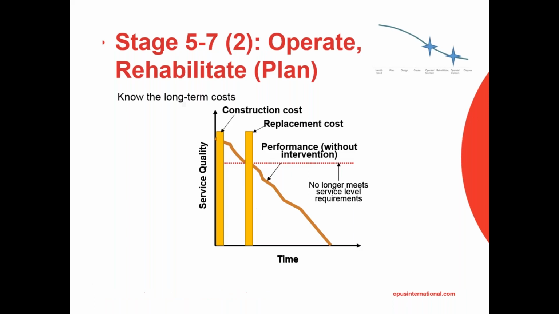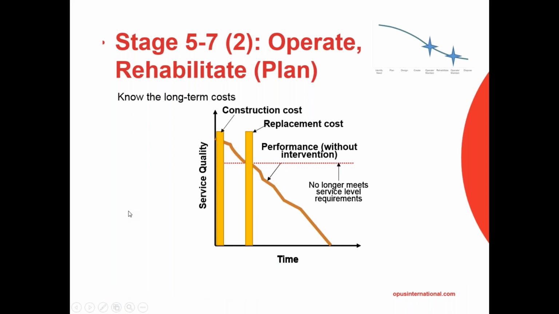So just to go one back, here's where we often focus on the operating, maintaining, monitoring, rehabilitating. I'm actually going to skip through this fairly quickly because I think this is all pretty basic for you.